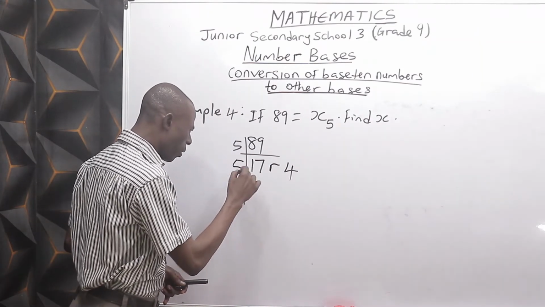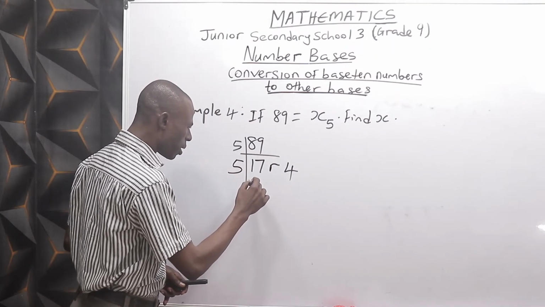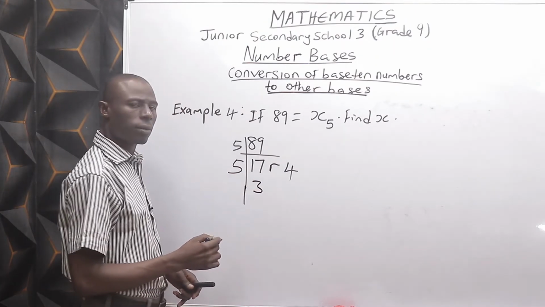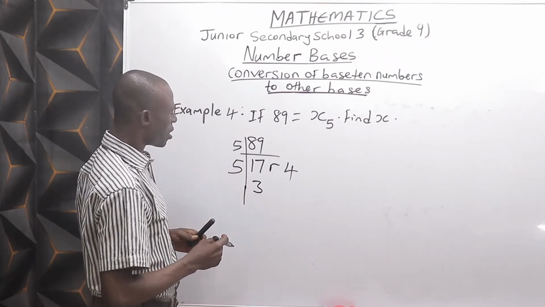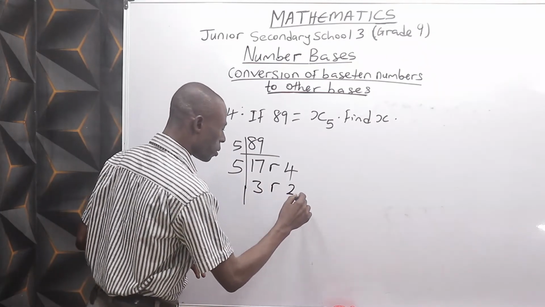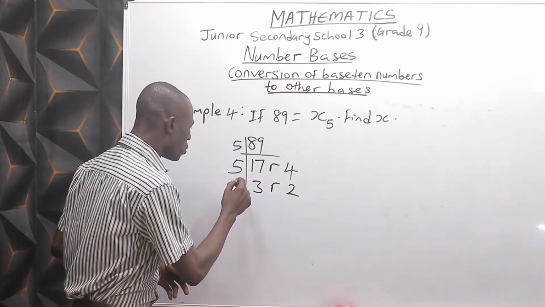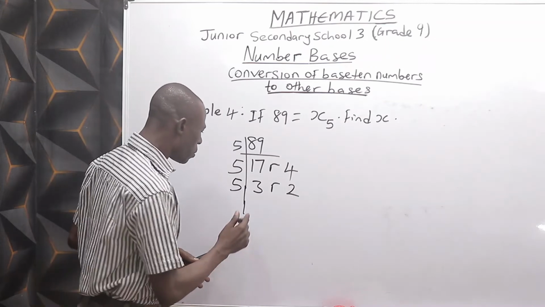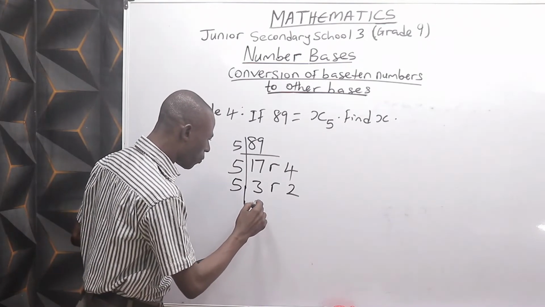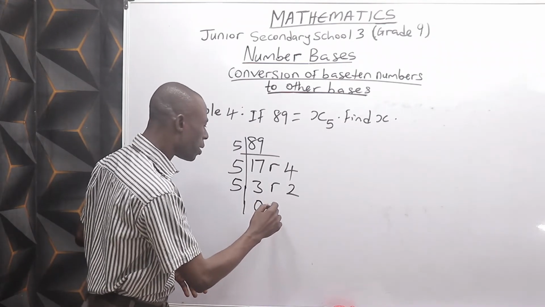So 5 also in 17, that's 3. 5 times 3 is 15. Subtract that 15 from 17. You have remainder 2. So 5 in 3 is not possible. Because it's not possible, you have 0 to represent it here.